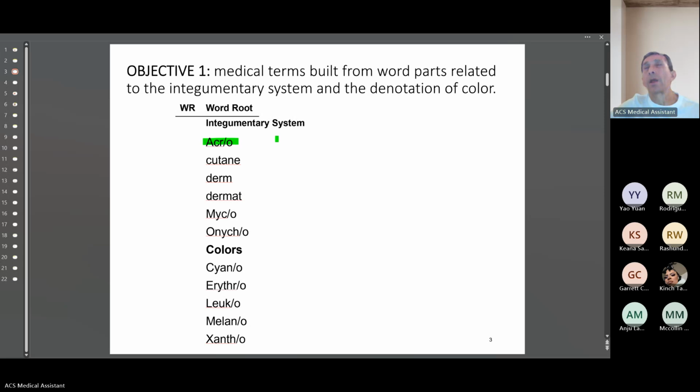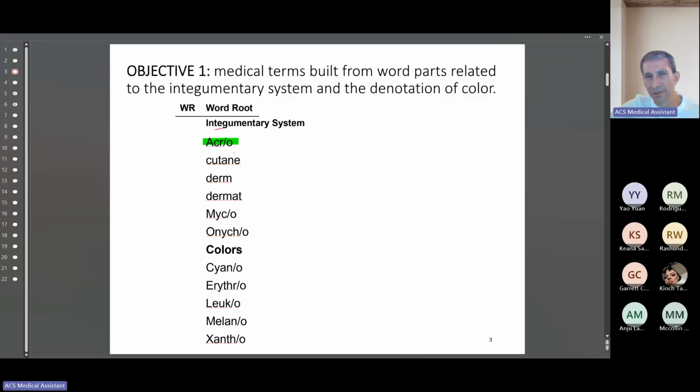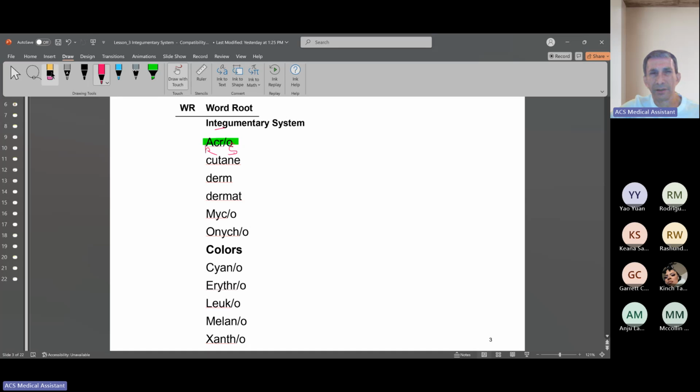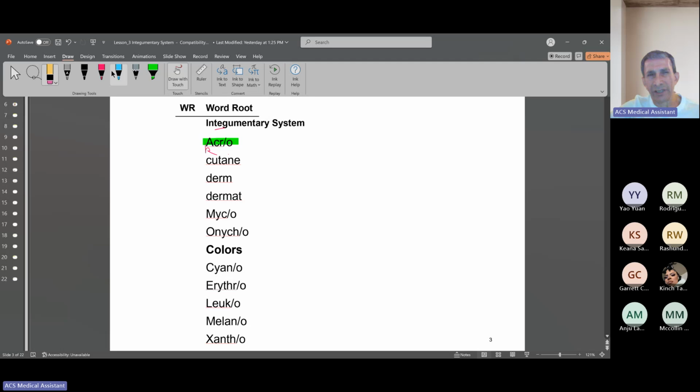Acro. Acro is a combining form. Remember, A-C-R is the word root, and the O is the combining vowel. So acr means the word root, and the O is the combining vowel, so we can have the combining form.